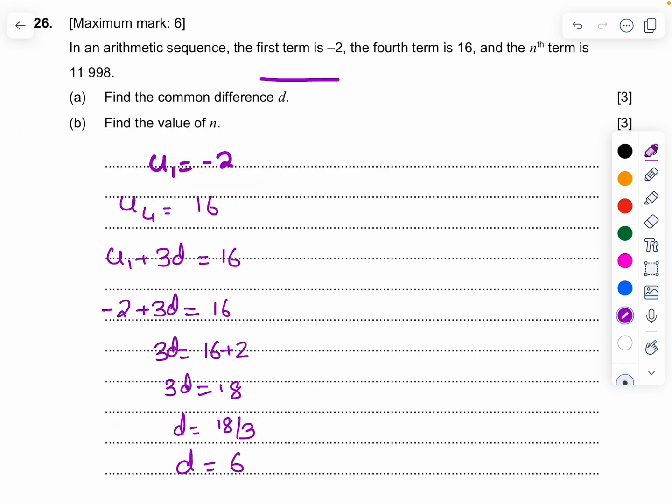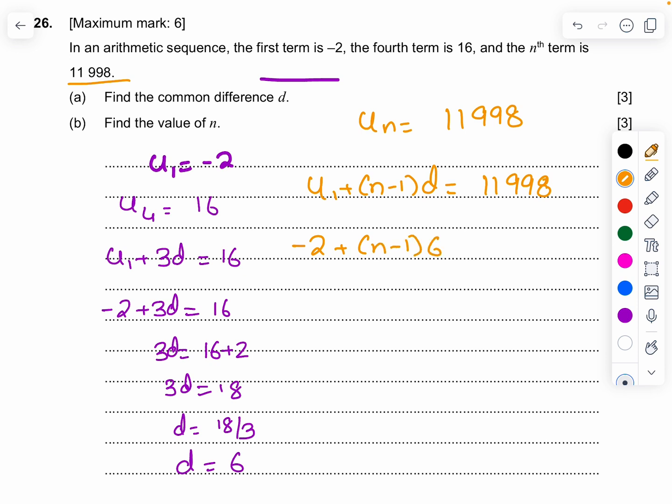Now next, the nth term is 11,998. The nth term formula is u1 plus n minus 1 times d equals 11,998. u1 is negative 2, plus n minus 1 times d, and d is 6, equals 11,998.